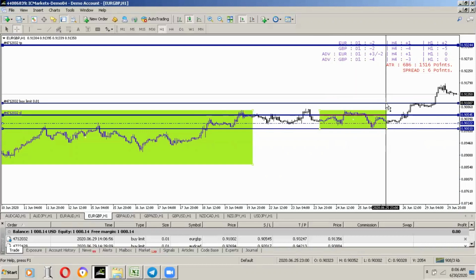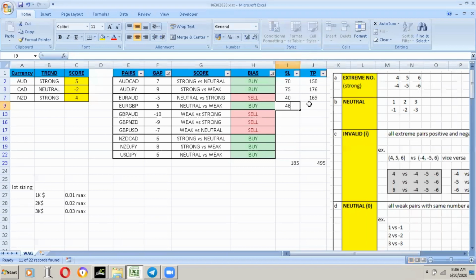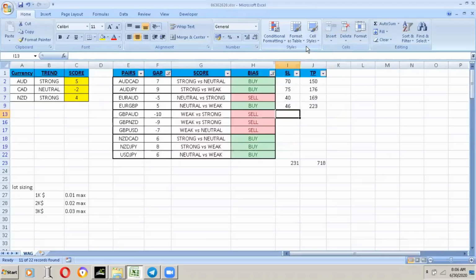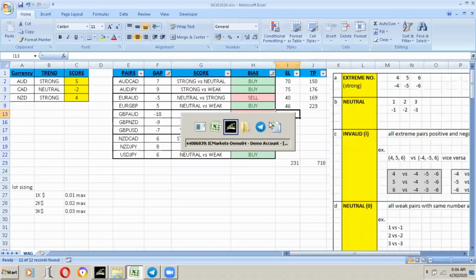So if you have an order here, that would be around 46 and around 53. Our RRR is quite large for this trade if it retests. So we buy here, SL here, and then TP here for your GBP.